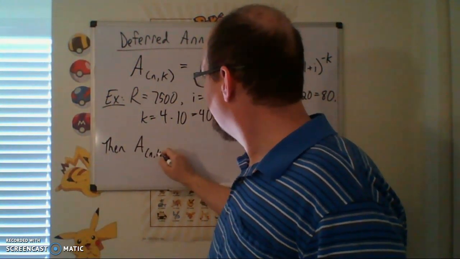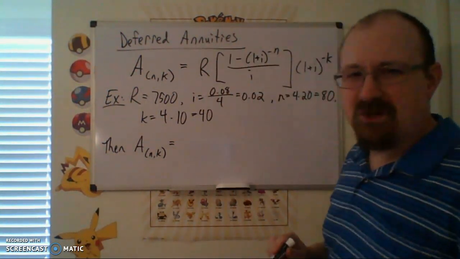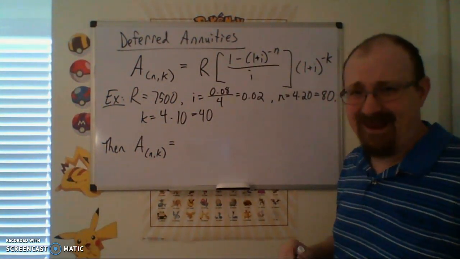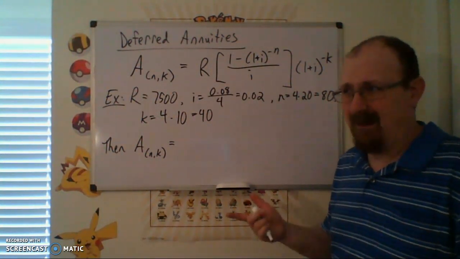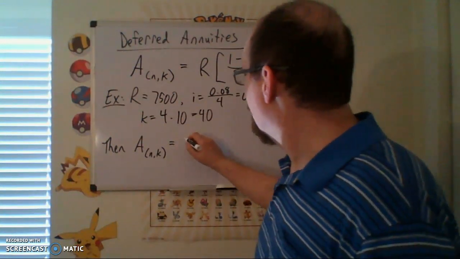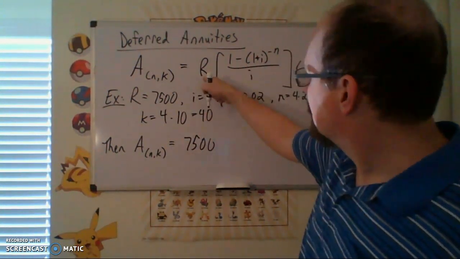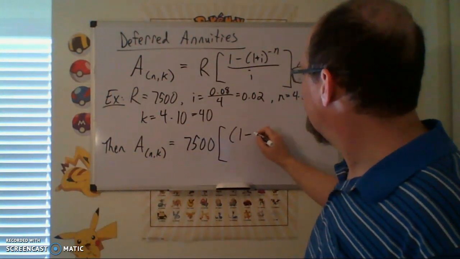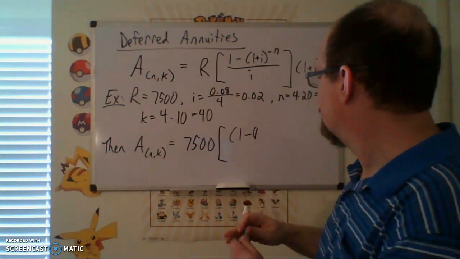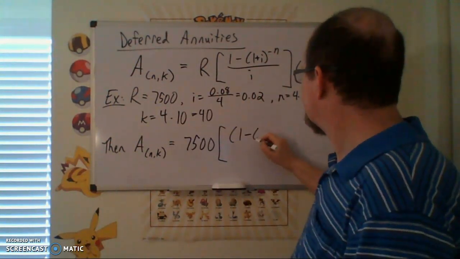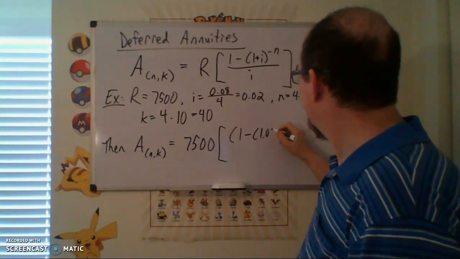I've never really been sure if I'm supposed to fill in the numbers or if I just call it N and K again, so I'm leaving it like that. I promise I won't take off on the test if you don't. So, anyway, I fill in R, because we know what that is. Top side, 1 minus 1.02.